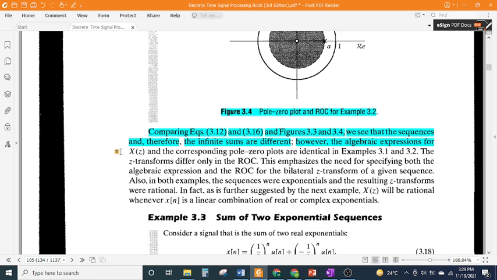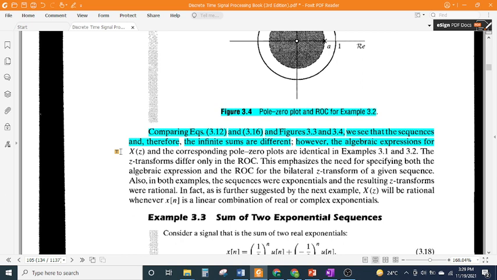The z-transforms differ only in the ROC. This emphasizes the need for specifying both the algebraic expression and the ROC for the bilateral z-transform of a given sequence. Also, in both examples, the sequences were exponentials and the resulting z-transforms were rational. In fact, as is further suggested by the next example, X(z) will be rational whenever x[n] is a linear combination of real or complex exponentials.